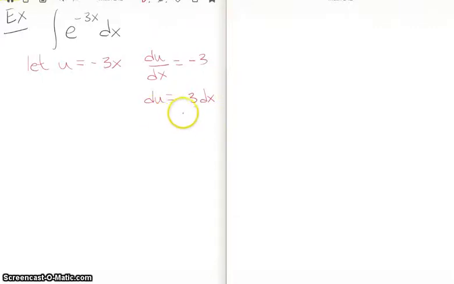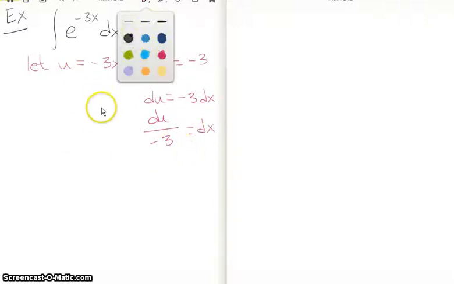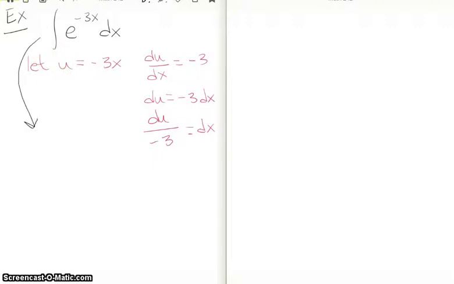What I mean by that is some people prefer to always just write what dx equals and then put that expression here for dx, and then hopefully other stuff cancels. In this case, it would be du over negative 3 is dx. Now when I start rewriting this integral, e to the negative 3x is u, so this is e to the u, and dx is du over negative 3.